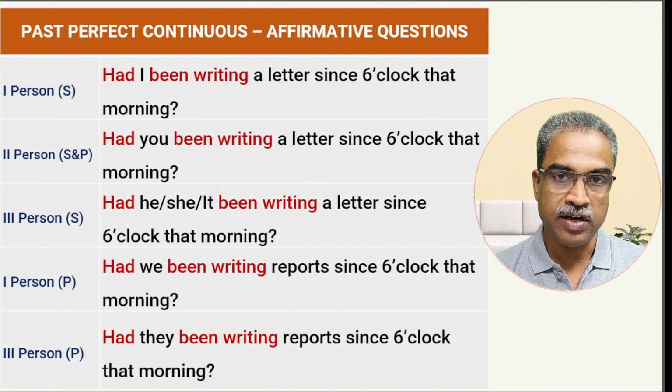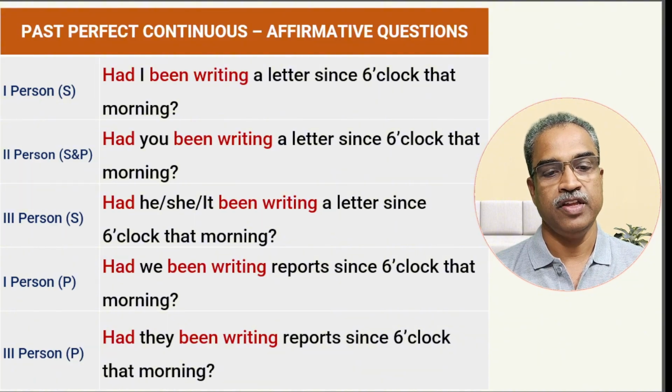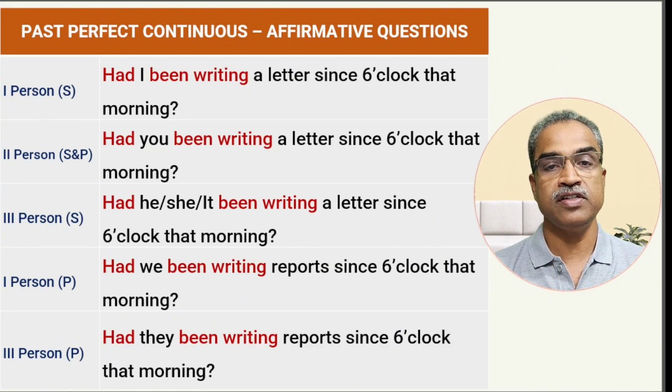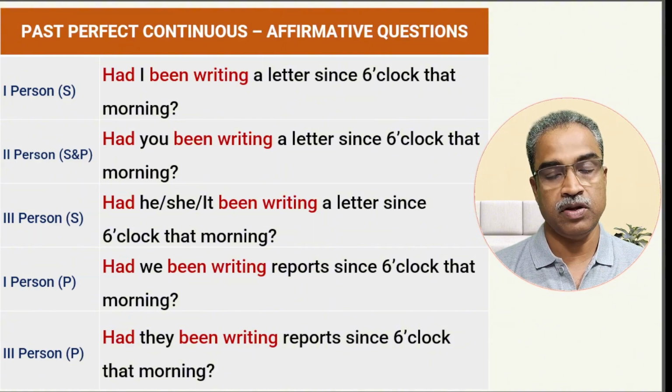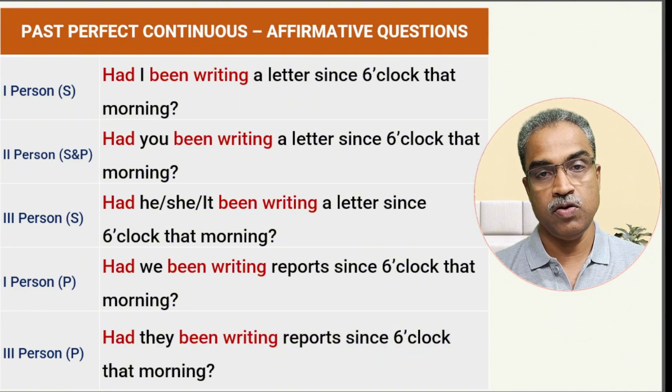Why had you been writing a letter since 6 o'clock? Just add that. It will be a wh- type question, which will be seeking information. All these questions that I am giving, where you place the auxiliary first, then the subject, are yes/no type questions, because the answer is always going to be either yes or no.